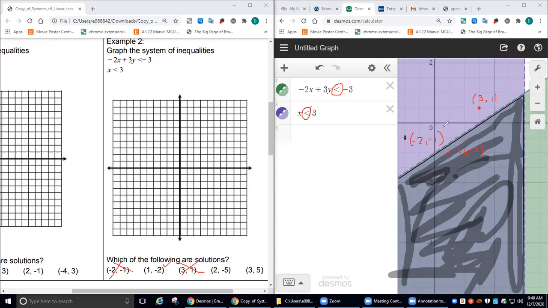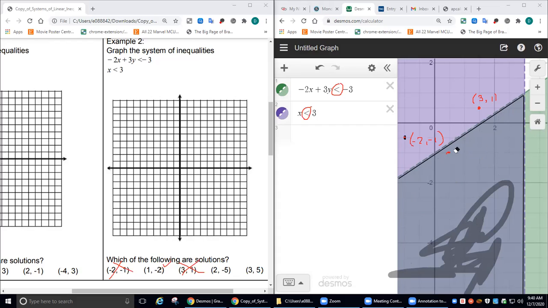Next one, (2, -5). 1, 2, down -5. 1, 2, 3. Oh, sorry. I messed up here a little bit just because the increment's a little bit different here. This is where it's at. This is (1, -2).